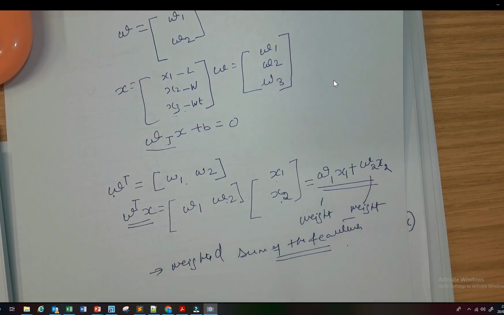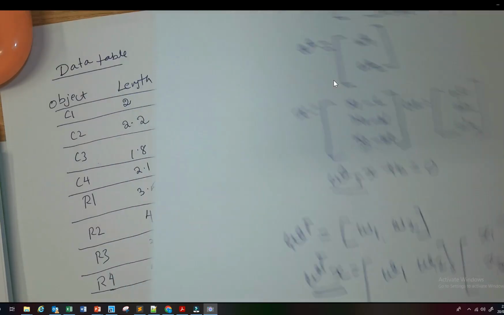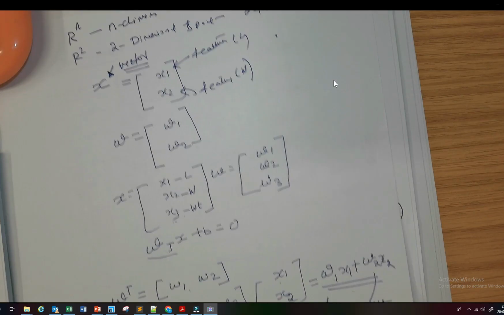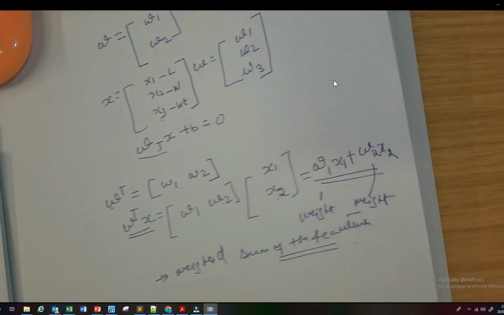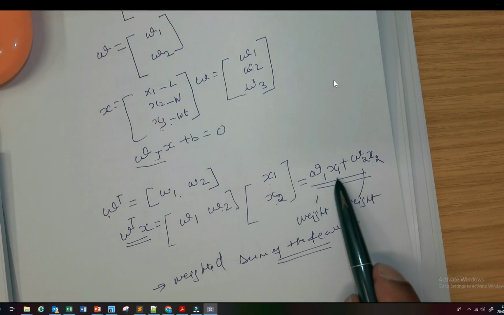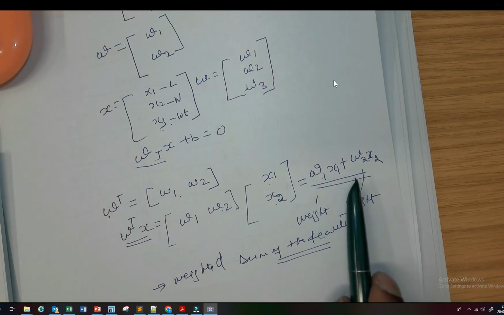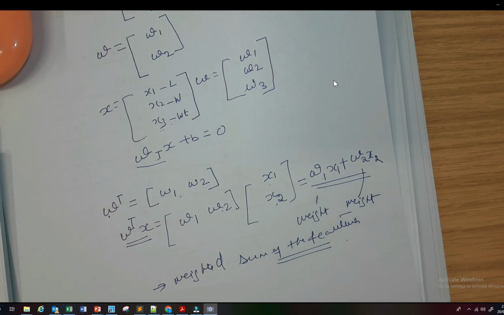And then finally we will add a bias to that. That will define the hyperplane. So the hyperplane is related to your actual features multiplied by weights. Each feature will be multiplied by a weight, and that tells something about your hyperplane.